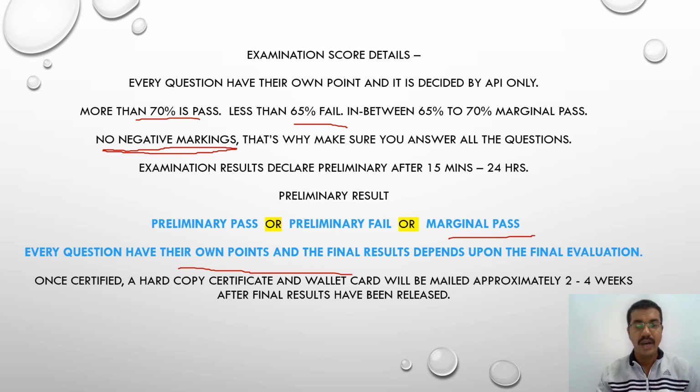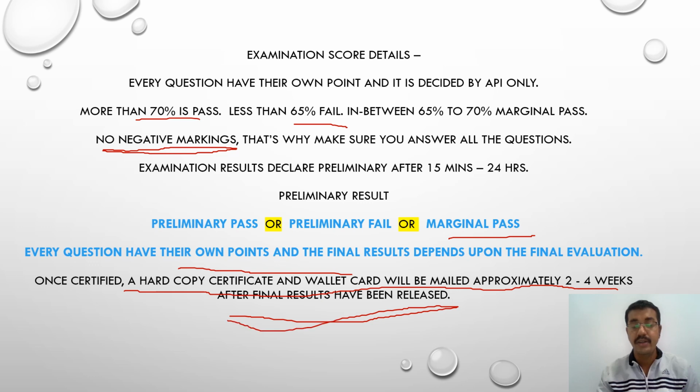Once you pass, a hard copy certificate and wallet card will be mailed approximately 2 to 4 weeks after the final result has been released. The final result will be released after 6 to 8 weeks. If you give the exam today, you will get the preliminary result through Prometric by your email ID within 15 to 24 hours.